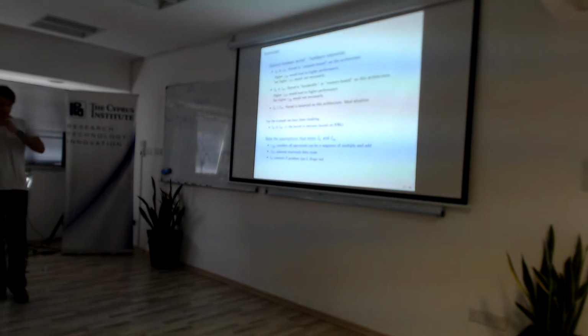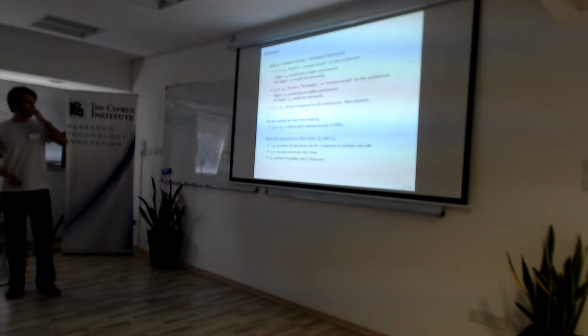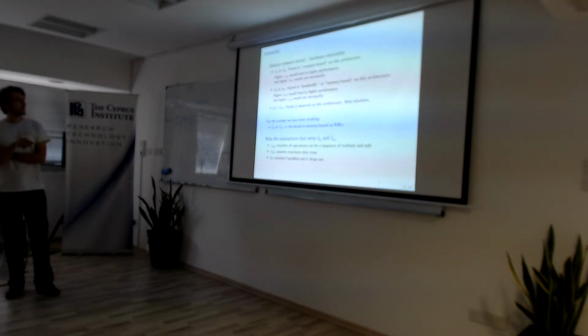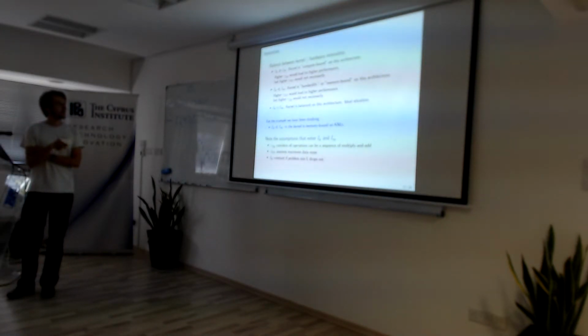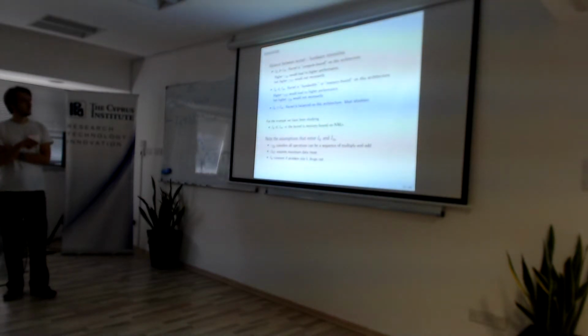Okay, so which means we can now compare the kernel intensity to the machine intensity and say something about our kernel. So, for example, if the kernel intensity is much bigger than the machine intensity, then the kernel is compute bound, which means a higher floating point rate of the machine would lead to a higher performance, but a bigger bandwidth would not necessarily increase your performance.